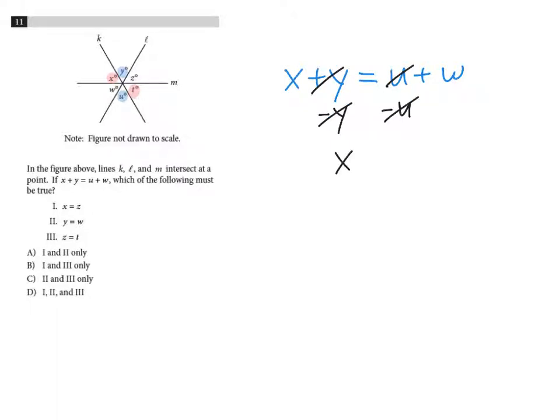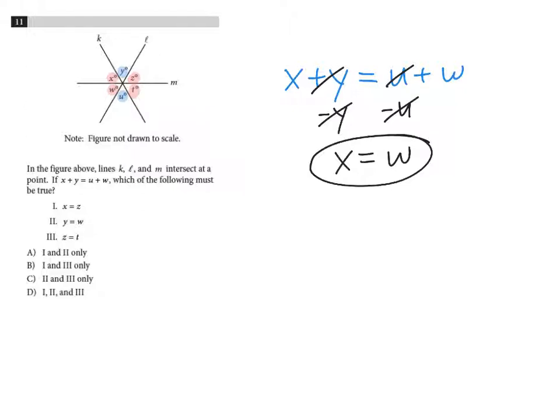And I'll get x equals w. Okay, x equals w as well. I'm going to highlight that. So x equals w. Well, w and z are vertical angles. So x must equal t, w, and z.